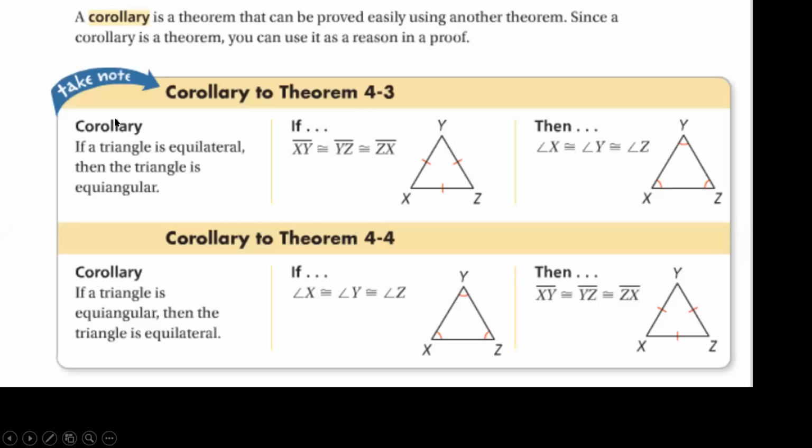Now here we will talk about corollary. What is a corollary? It is a theorem that can be proved easily using another theorem. So you can say it is a reason in a proof. I mean that a corollary is a result of a theorem. We talked about many theorems in this lesson.